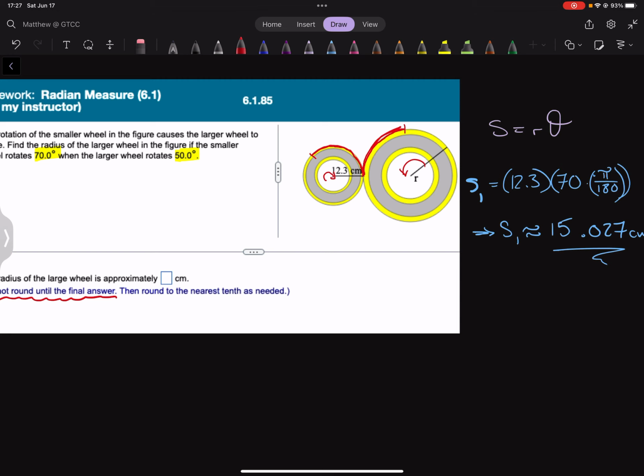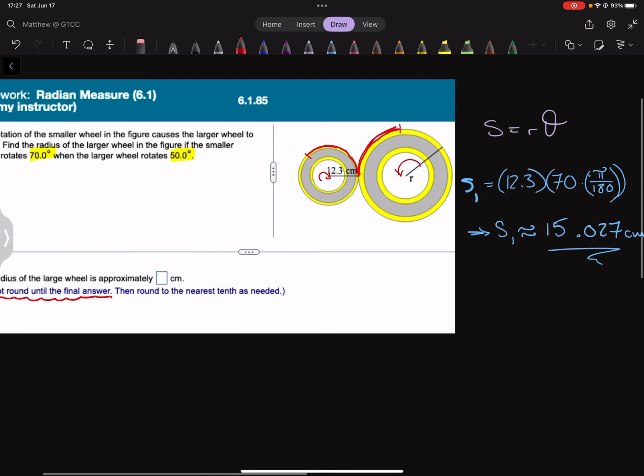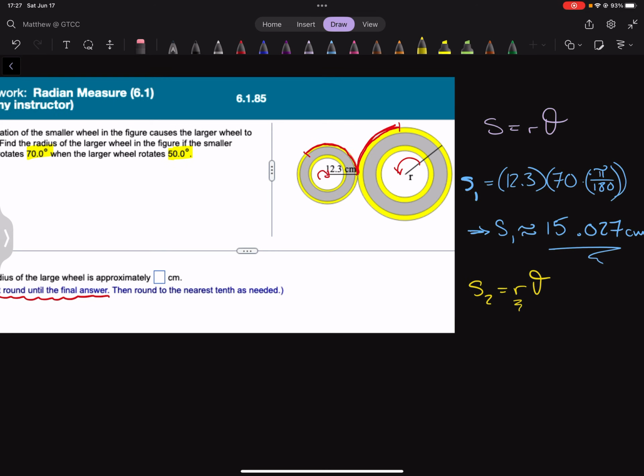So that 15.027 we're going to reuse for the formula for the second wheel. We'll call that S sub 2 equals R theta. Similar situation, but this time we're trying to find R, so we need to rearrange this.